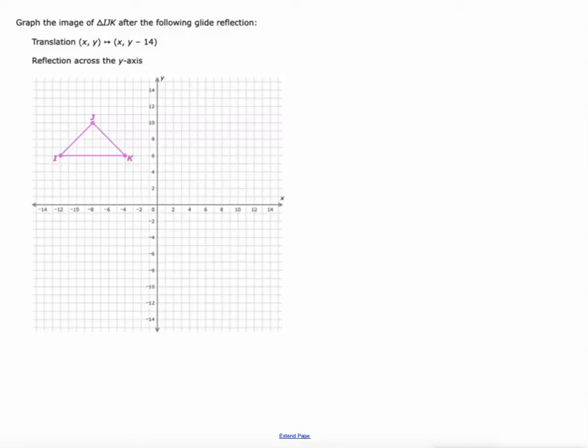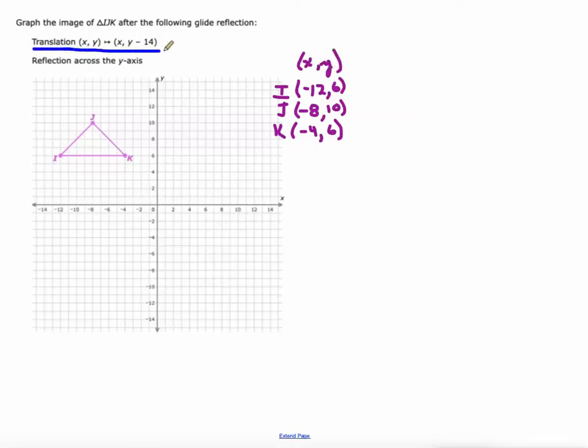Let's start off by listing all our points here. We got I and J and K. I is at -12, +6. J is at -8, +10. And K is at -4, +6. Those are our original points, X, Y. Then we're going to do a translation using this rule.